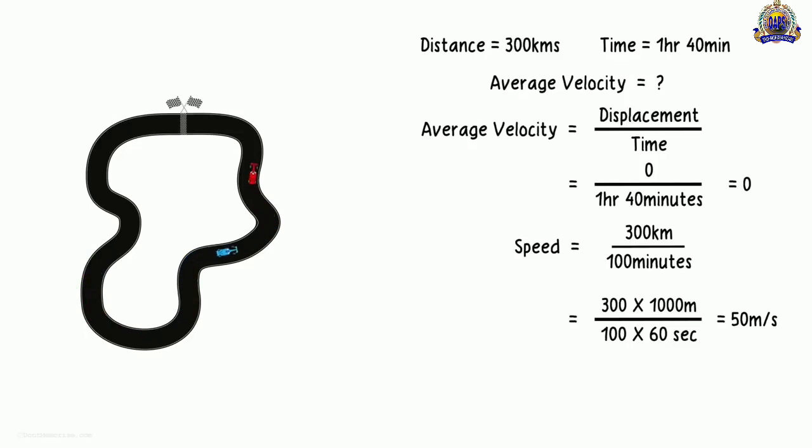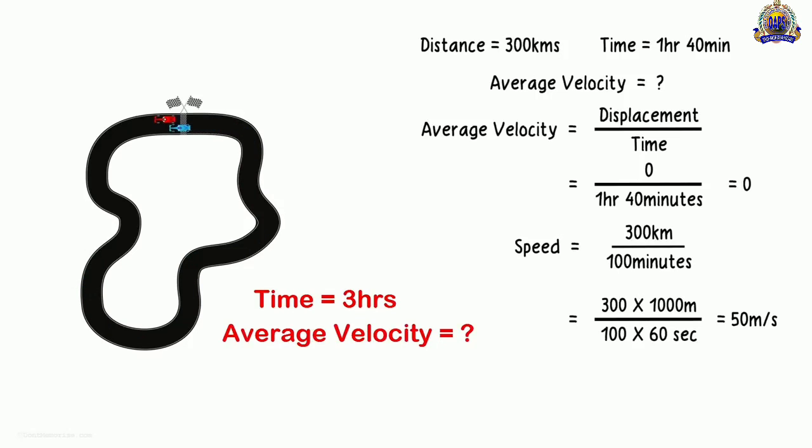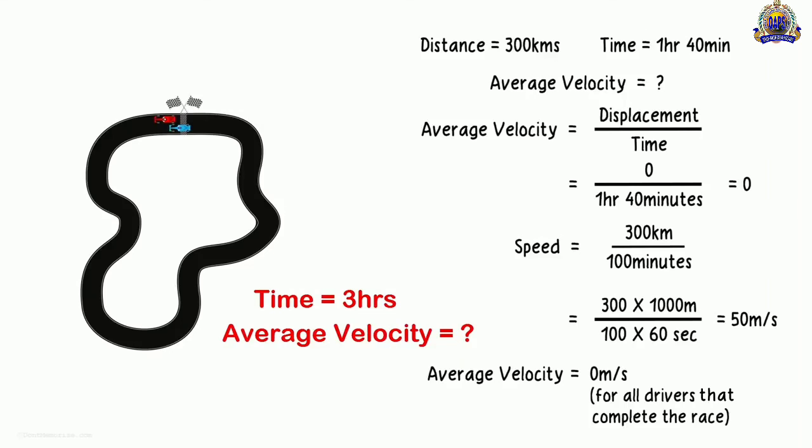And what will be the average velocity of these bodies? Average velocity here again will be 0, as given earlier. So the average velocity will be 0 for all drivers that complete the race.